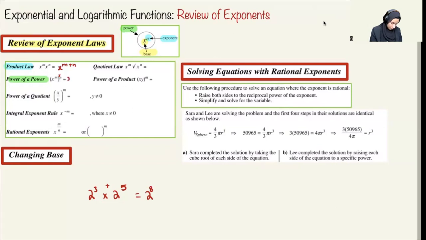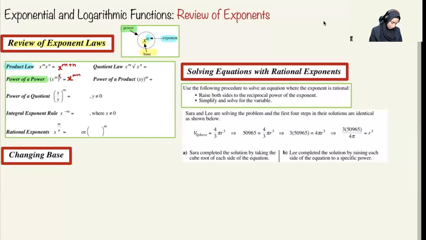So I have x to the power of mn, so m multiplied by n. If this were an example like 2 to the power of 3, all to the power of 4, we multiply these exponents and it would be 2 to the power of 12. Okay? All right.